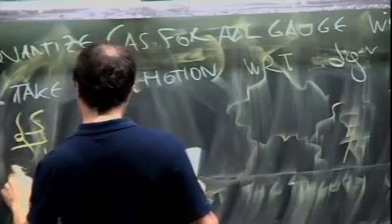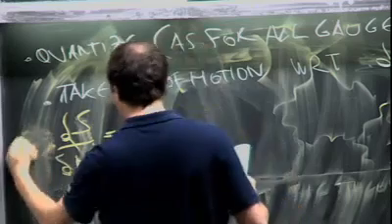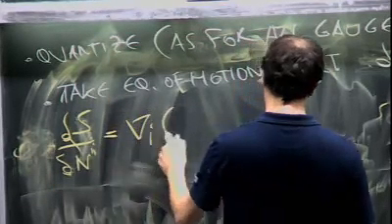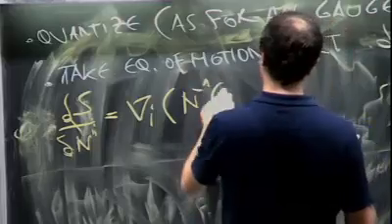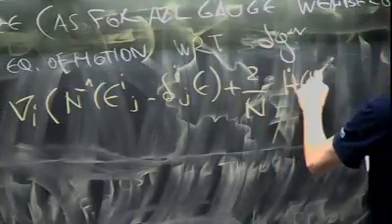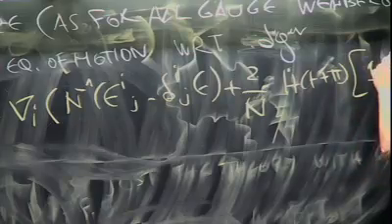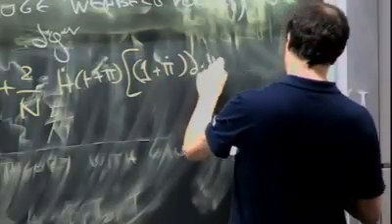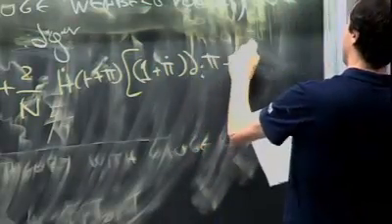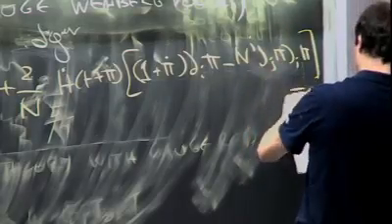The equation of motion for n and n^i is something like this: delta S over delta n^i is equal to grad_i of n inverse times (E_ij minus delta_ij E) plus 2 over n, H dot of t plus pi, times 1 plus pi dot, minus n^j d_i d_j pi d_i pi, and then this must be equal to 0.